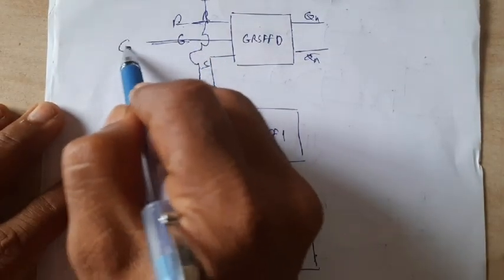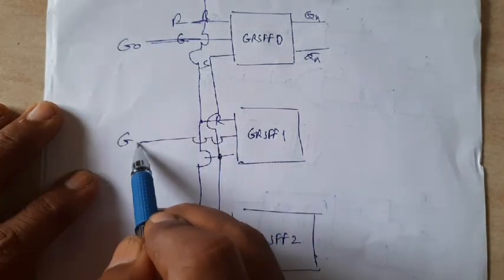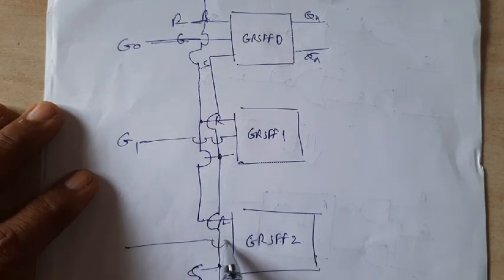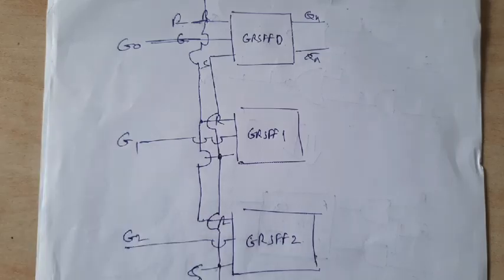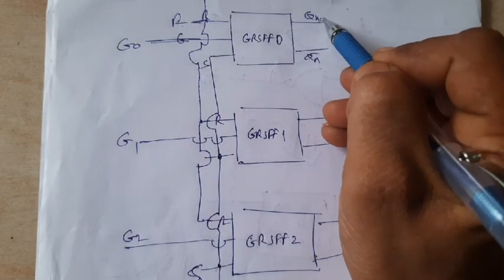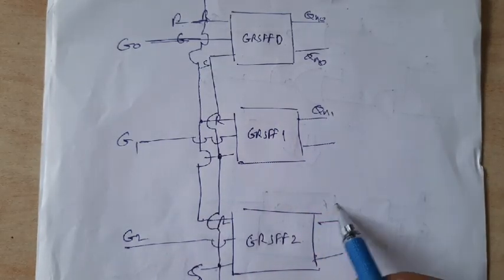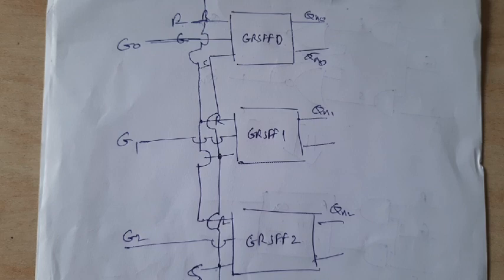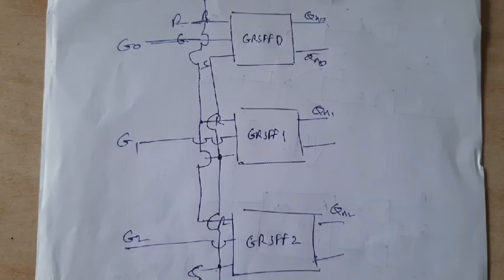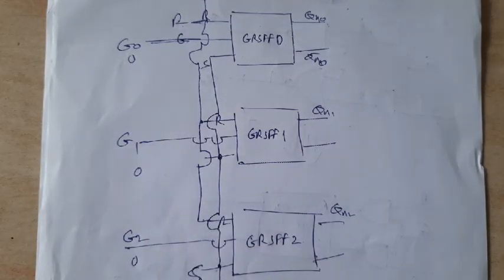I will call this G0. Similarly, this will be the gate of first and this will be the gate of second. Now this is Qn0, Qn0 bar, this is Qn1, this is Qn2 and obviously the other output is complement. Now suppose all the gates are 0 0 0.